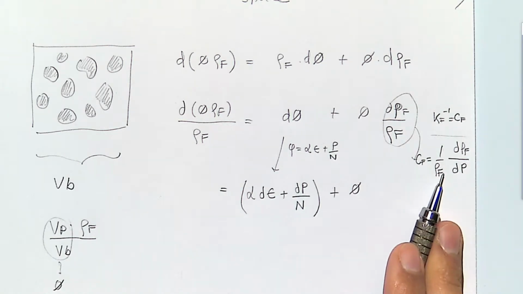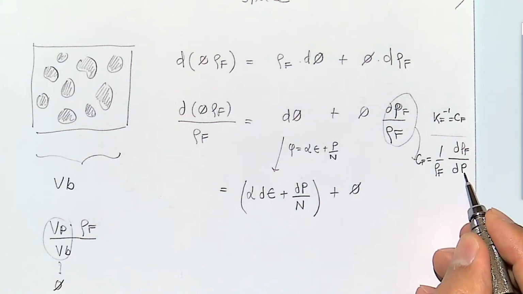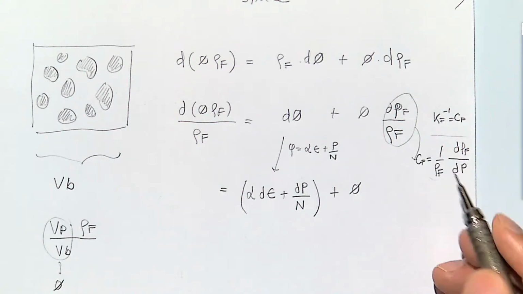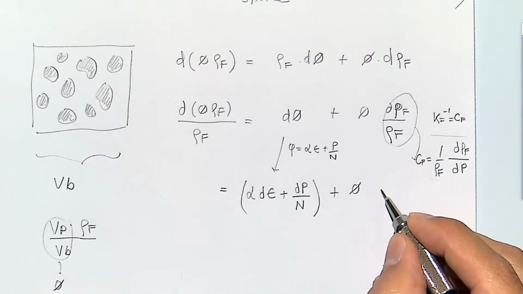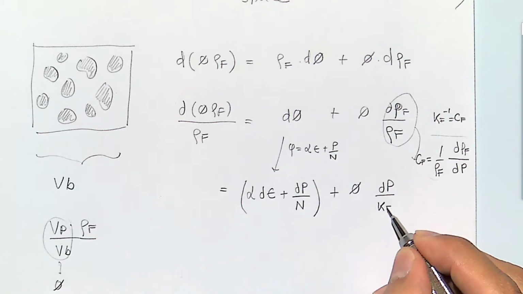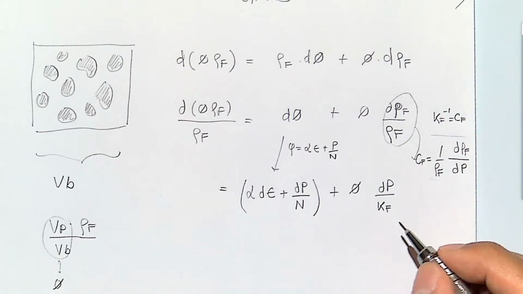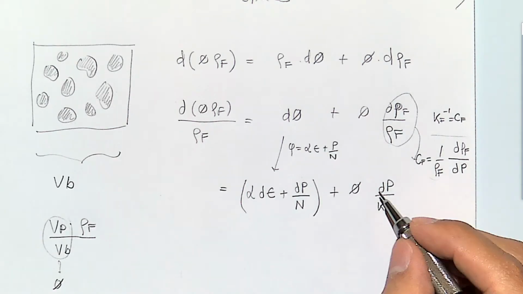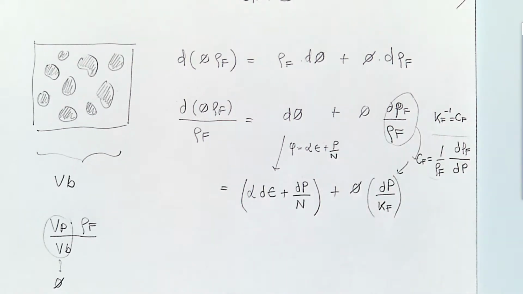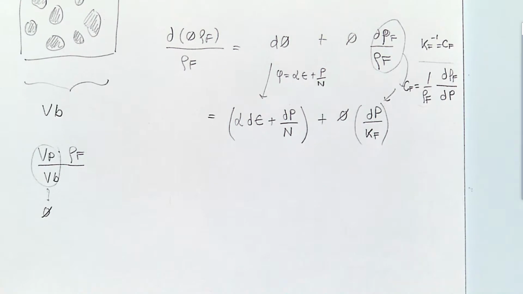So if I do that, then notice that this thing is what I have over here. So what I'm going to get in this equation is just dP divided by the bulk modulus of the fluid. And this comes from the definition of compressibility.